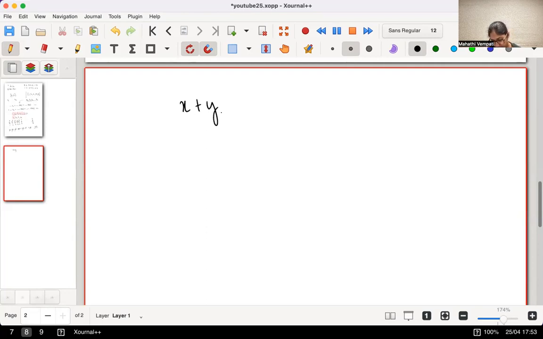And if you do one increment, you will be able to do it in 1 plus X plus Y by 2. I'll take care of edge cases, right?